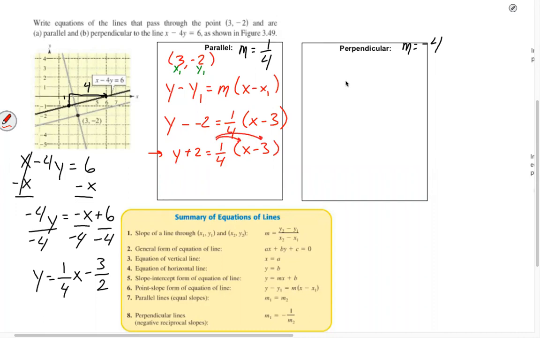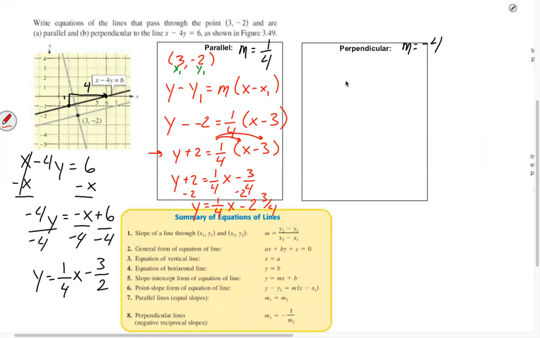So I'm just going to distribute that 1/4. That gives me y plus 2 equals 1/4 x minus 3/4. Then I can subtract 2. And that gives me y equals 1/4 x, -3/4 minus 2 is, watch this, -2 3/4.